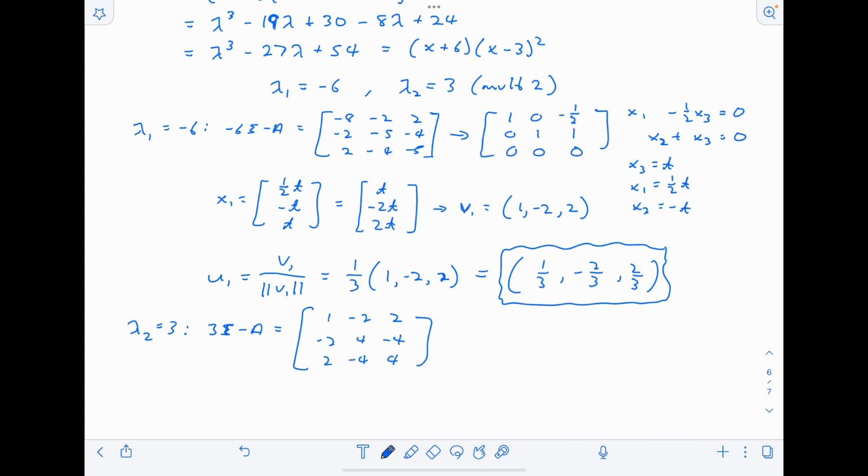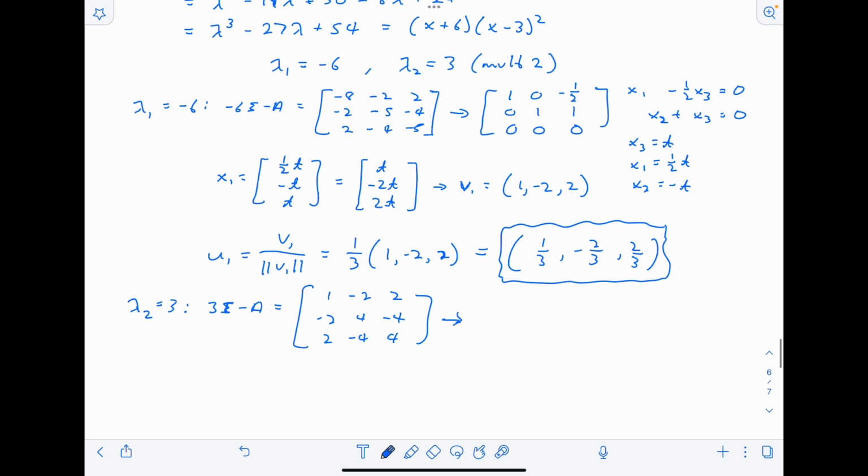All right. Again, Gauss-Jordan elimination, row reduced. We get 1, -2, 2, and then the rest are zeros. So in this case, we'd have x1 minus 2x2 plus 2x3 equals 0.